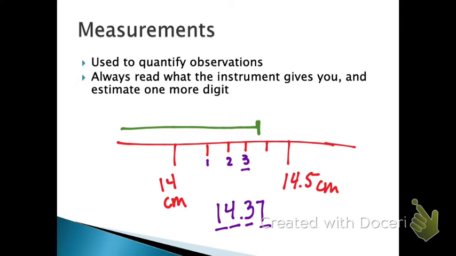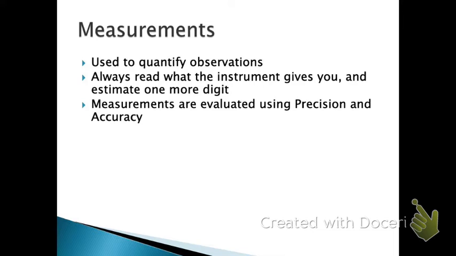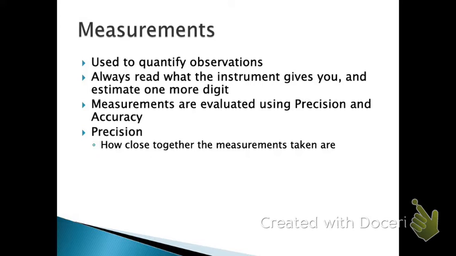All right, we evaluate our measurements using terms called accuracy and precision. Do those terms ring a bell to you? Accuracy and precision. Okay, precision means how close together our measurements are. So we want ideal groups of measurements or ideal data collections to be both accurate and precise. That means they're really close together.